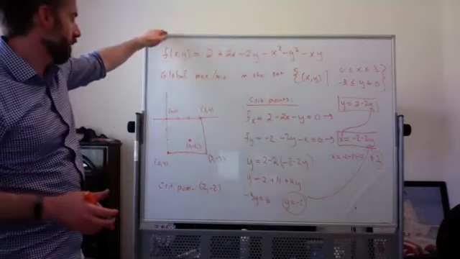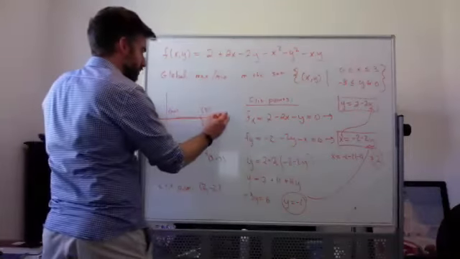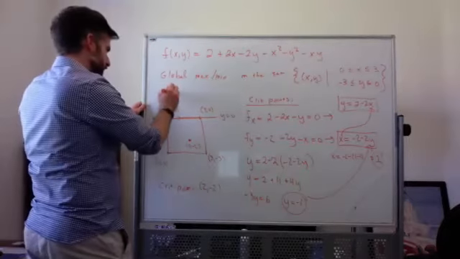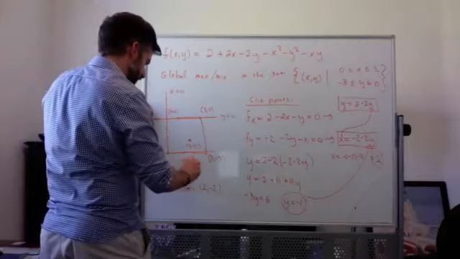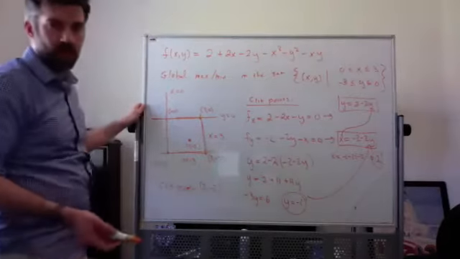So our edges are, this edge is y equal to 0. This edge is x equal to 0. This edge is y equal to -3. And this edge is x equal to 3.